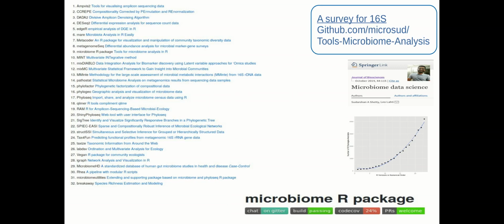My colleague Sudarshan Shetty has collected a survey of different tools for taxonomic profiling analysis in a website. And here are just some examples. There are many more. Many of these rely on a data container we call phyloseq, but phyloseq can also be converted into TreeSummarizedExperiment, and many of these tools are available for both communities.